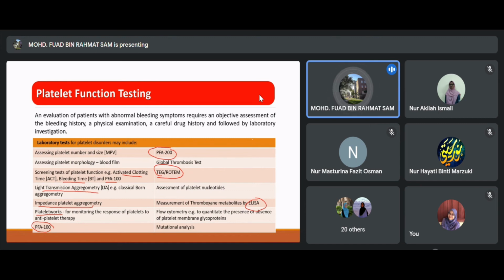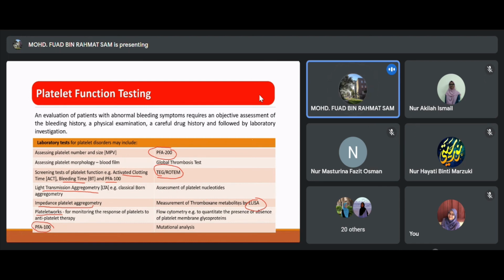And then kita boleh juga guna flow cytometry, and then this flow cytometry pun you guys dah tahu the principle of flow cytometry to quantitate the presence or absence of platelet membrane glycoproteins, and also kita boleh proceed dengan mutational analysis.